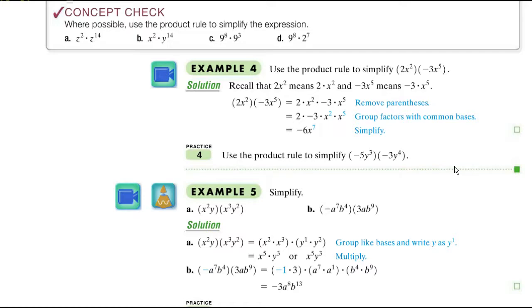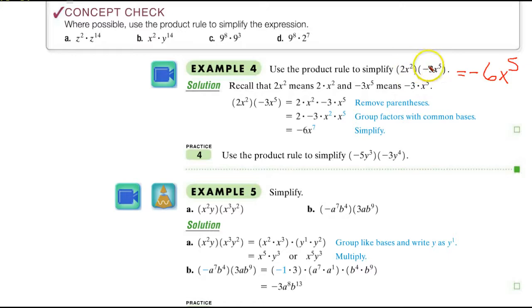Example 4. Now, here's something a little different. Here we have exponents on the bases, but then we also have numbers. So the rule is, here we're going to multiply the coefficients. So we go 2 times a negative 3 gives us a negative 6, and then we add our exponents, x to the 5th.